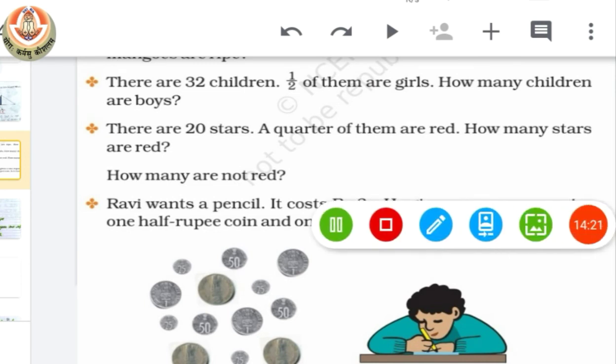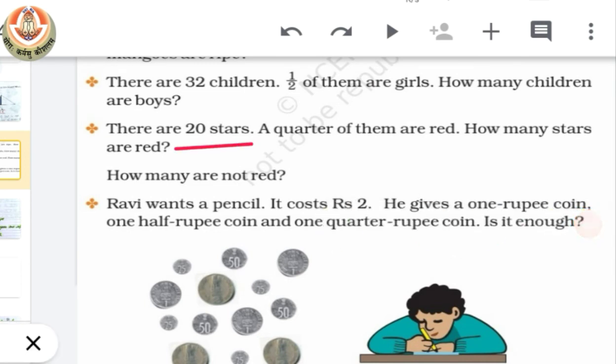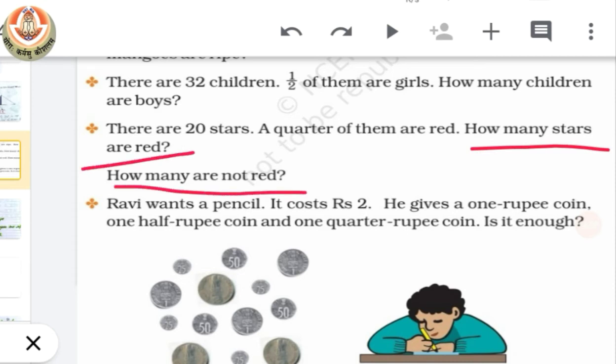Third is, there are 20 stars, a quarter of them are red. Quarter means 1/4. Okay, 1/4. Quarter of them are red. So we have to answer how many stars are red and how many are not red also.